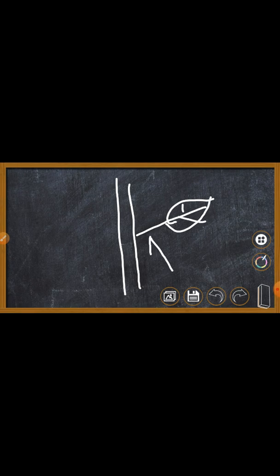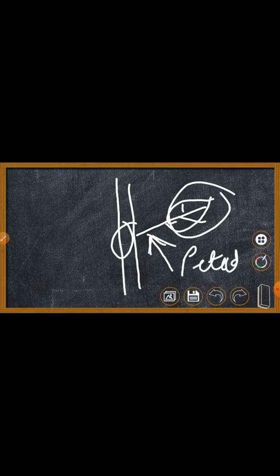This small thing which is connecting the leaf to the stem, this portion is what you call petiole. The handwriting is not clear. Petiole. Yes, this portion is what you call petiole.